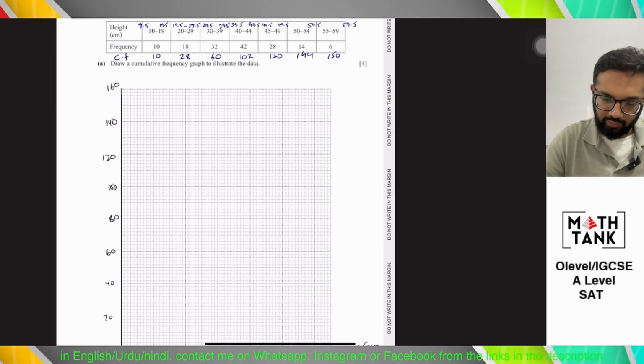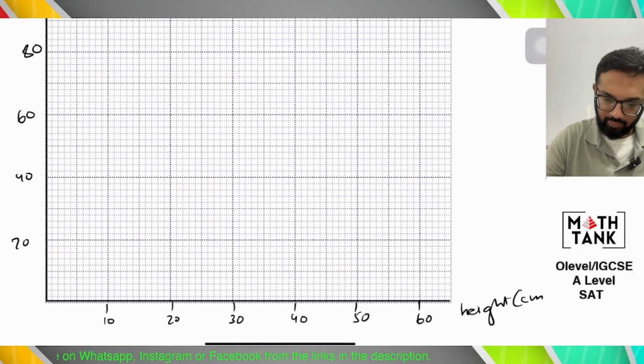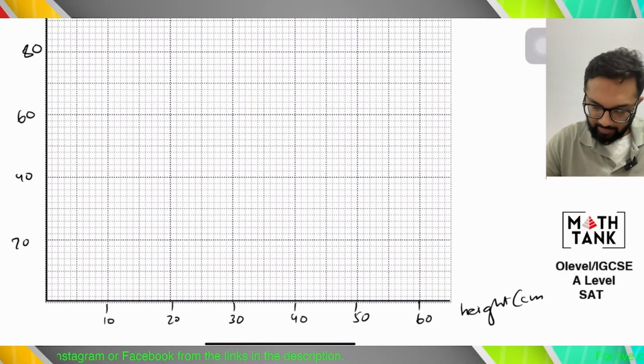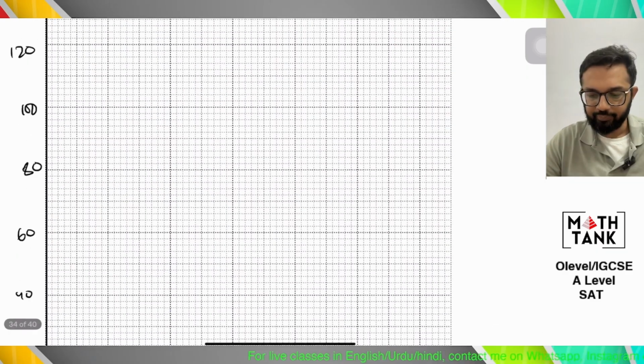Okay, let's start plotting. Upper class boundary is 19.5, and I need to plot a total of 10. So there is 19.5 and there is 10, so I mark a cross.